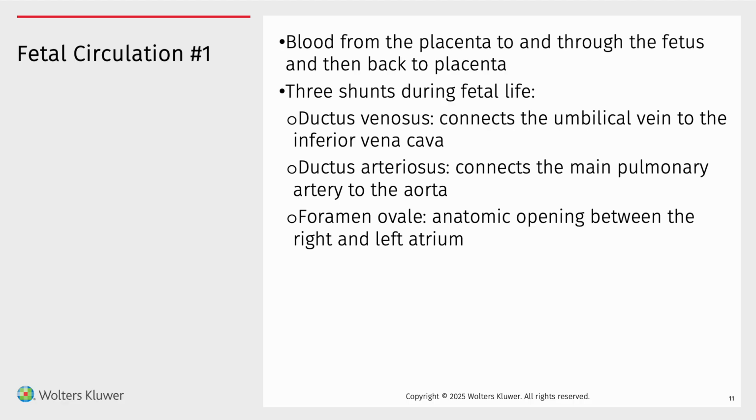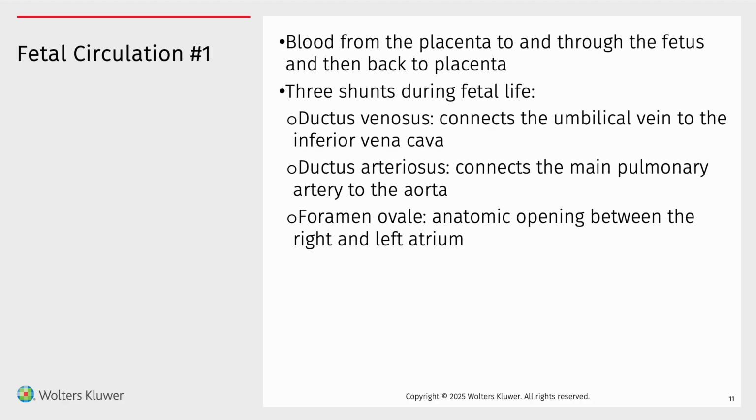Isn't that amazing? So, there are three important shunts in fetal circulation. These shunts redirect blood to bypass the fetal lungs and liver, which are, as we know, immature and non-functional before birth. So, one, you have the ductus venosus. This connects the umbilical vein directly to the inferior vena cava.